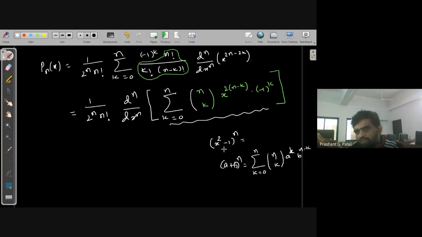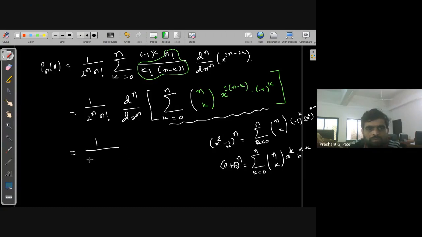So using this, we can write the summation k running from 0 to n, nCk, with b as minus 1, so minus 1 raised to k into x square raised to n minus k. This expression, the summation of this quantity, is exactly x square minus 1 power n.